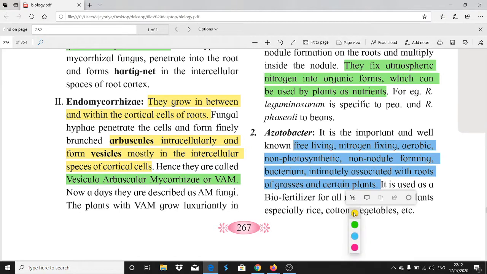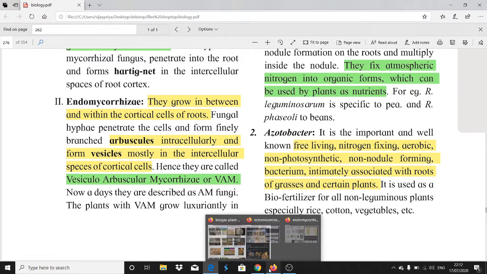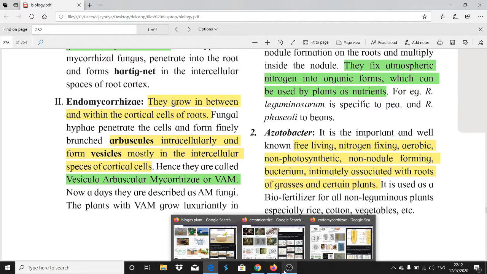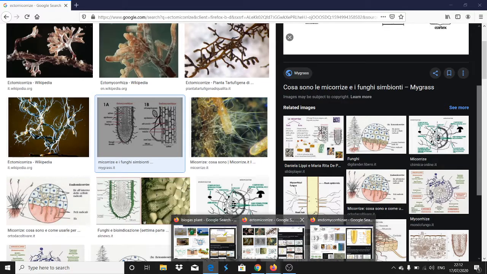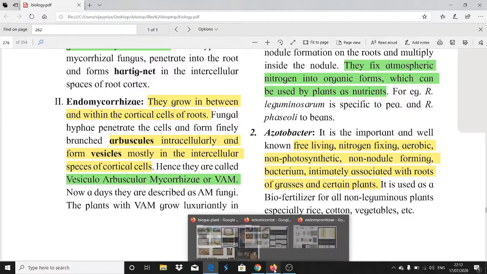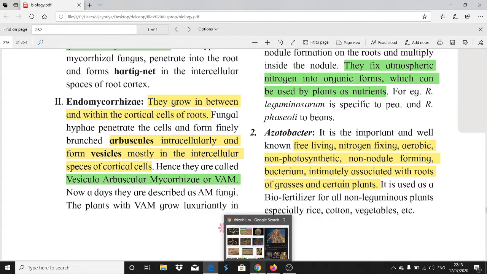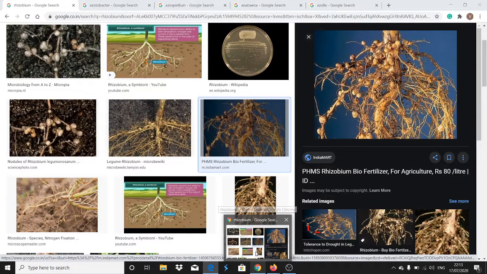Now, these Azotobacter don't form any kind of nodules, but they are just attached to and intimately associated with the parts of the plants. So these are the Azotobacter.